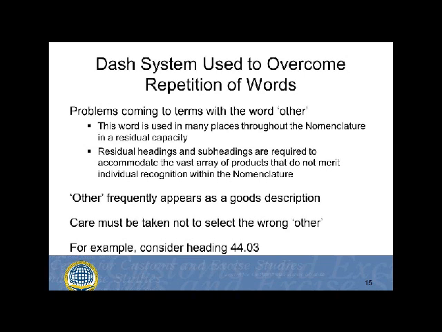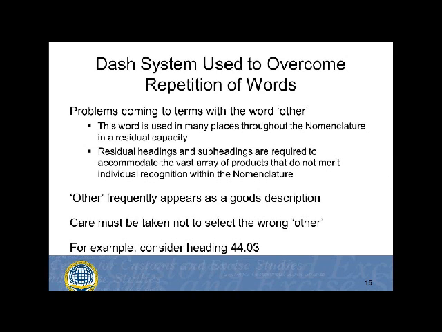of particular words. As there is a classification within the HS for all goods involved in international trade, a feature of the HS structure is the provision of many residual headings and subheadings. Residual headings and subheadings are required to accommodate the vast number of products that do not merit individual recognition within the HS nomenclature.